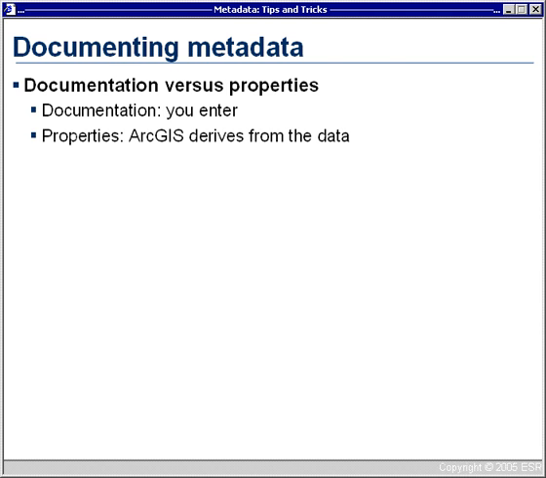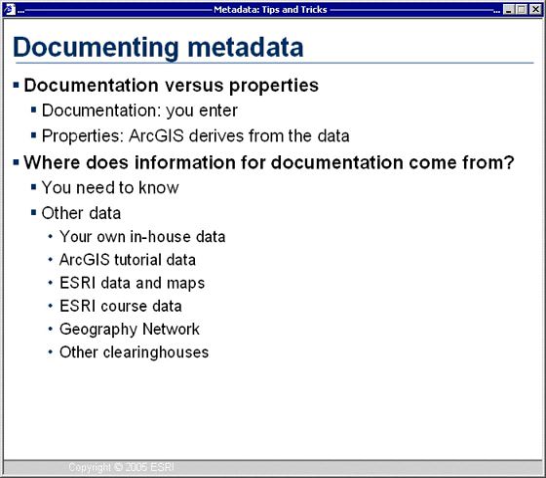ArcGIS derives properties elements from the data. For example, the number of features in a feature class is a property of the data, and ArcCatalog knows how to extract this information. On the other hand, you need to know what to enter as documentation.